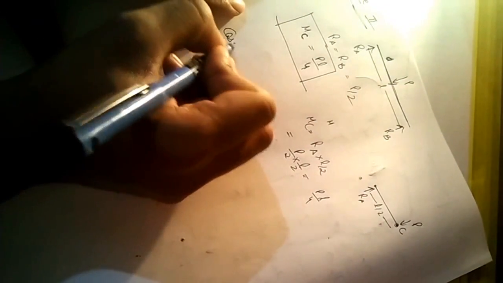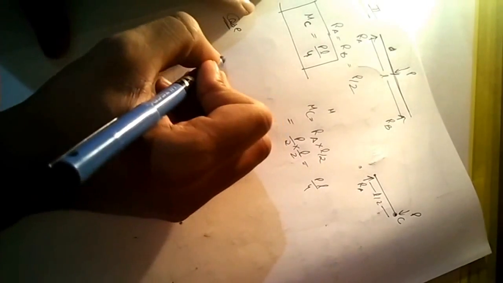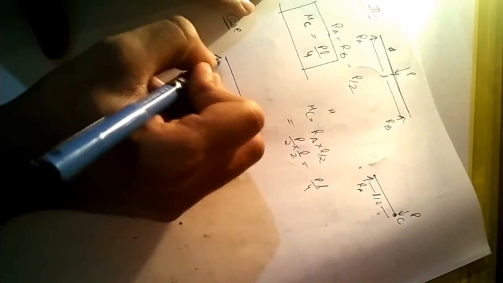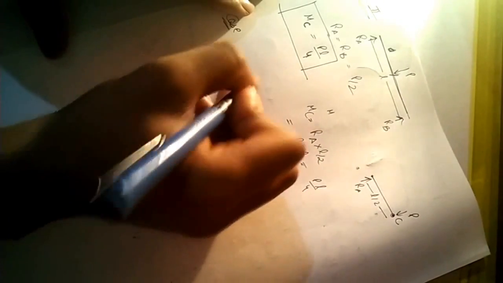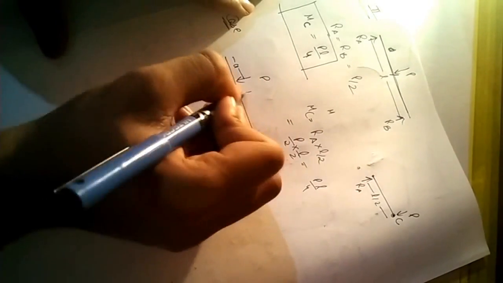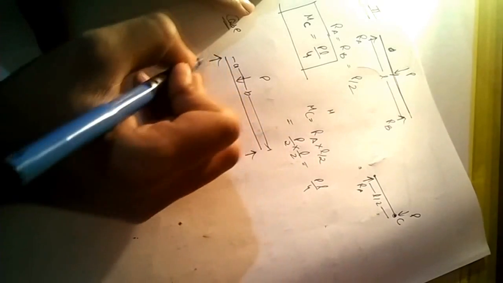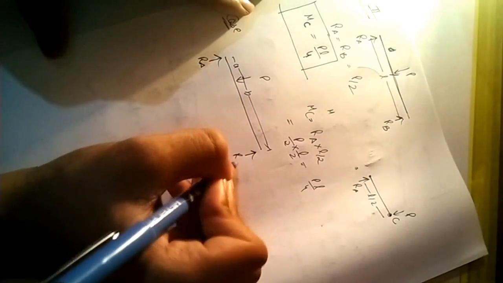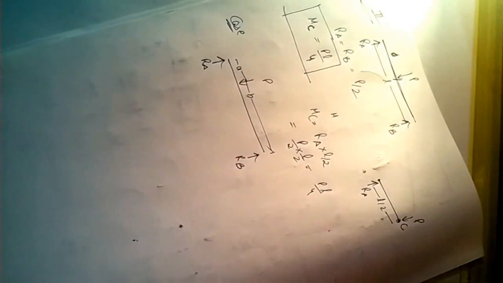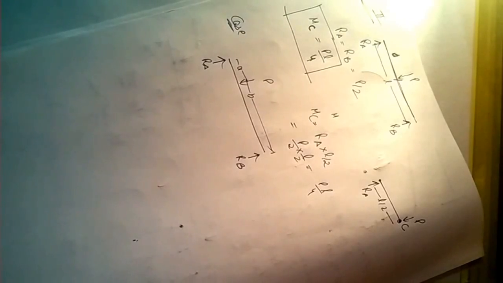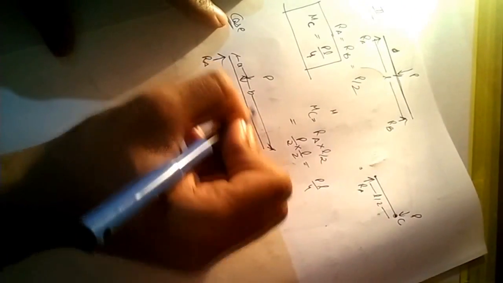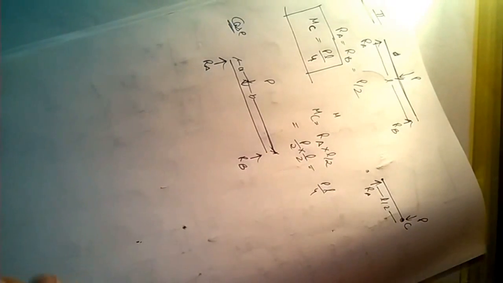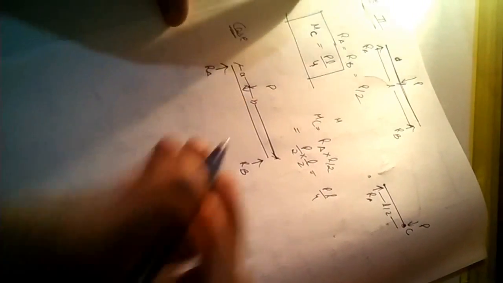And case third, if a point load P is given at distance A from one support and distance B from the other, with reactions RA and RB. Now let's find out for this. You can find it out easily, you should be clear with your concepts.